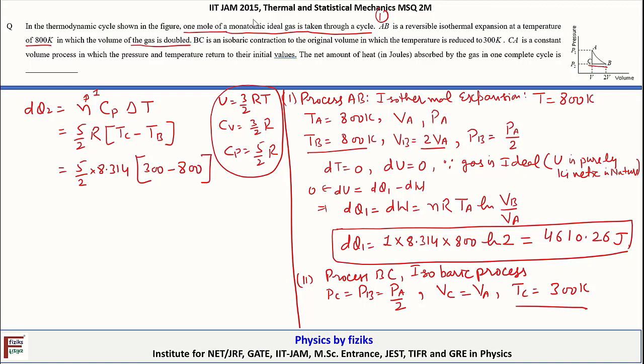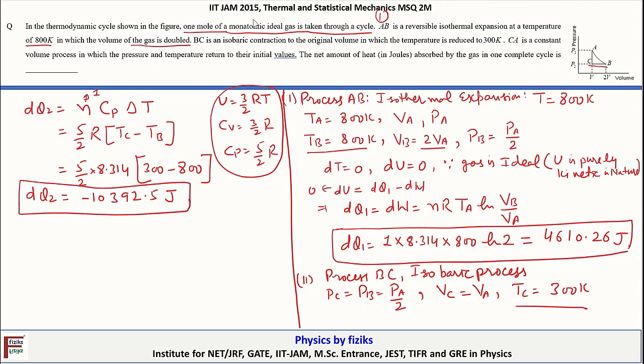So 300 minus 800 gives minus 500, and when you multiply all these quantities, the answer should be minus 10392.5 joule. The negative sign means heat is liberated during this step. So this is dQ2.